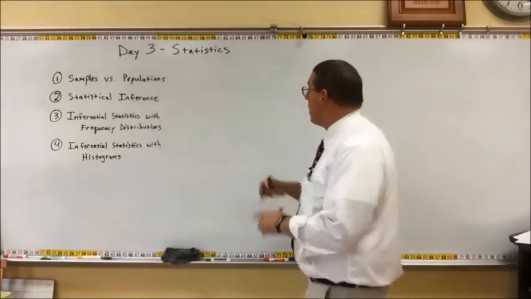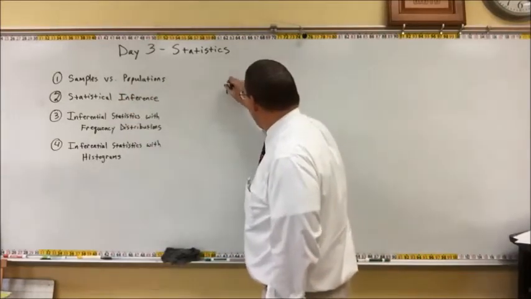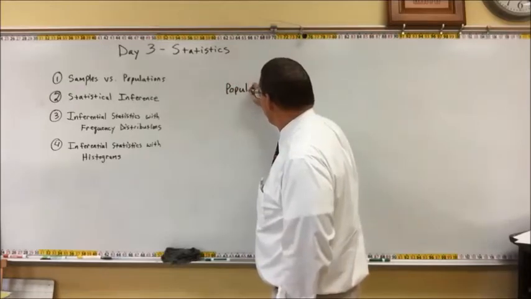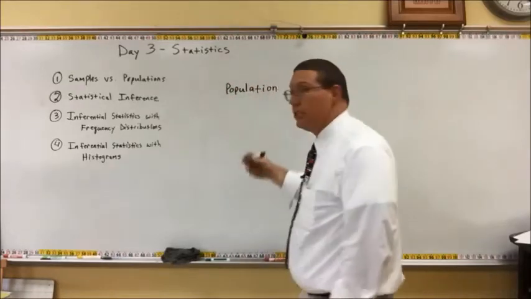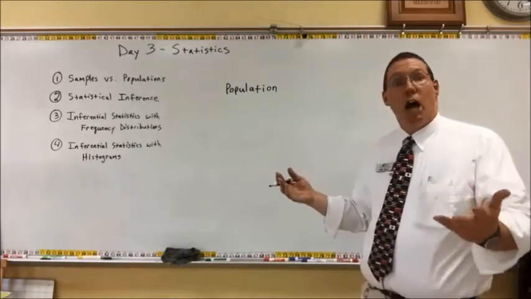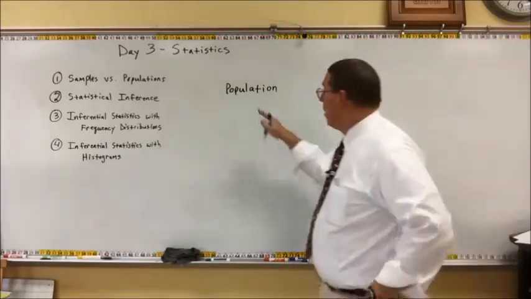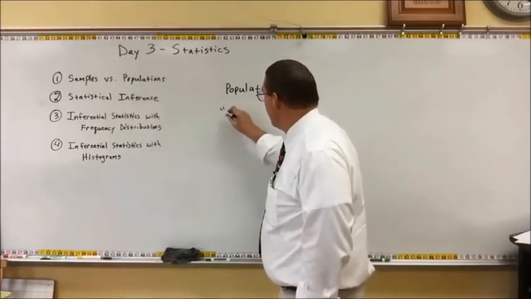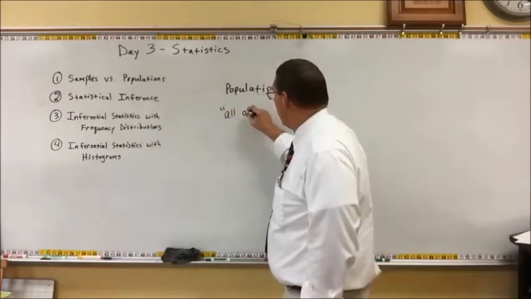Okay, so basically here's the idea. A population of something, so a population of people, or a population of ants, or a population of chocolates that are made in a factory. Population, well, that's what I call all of them.